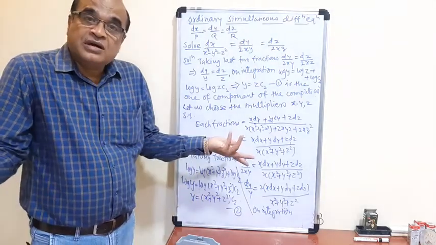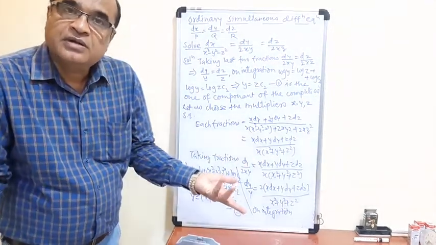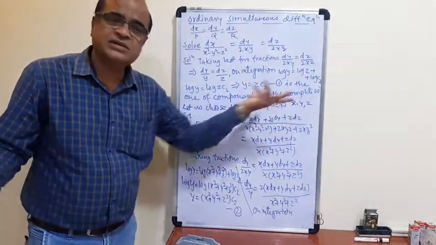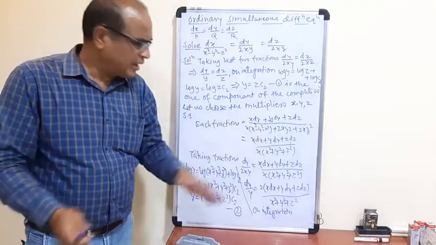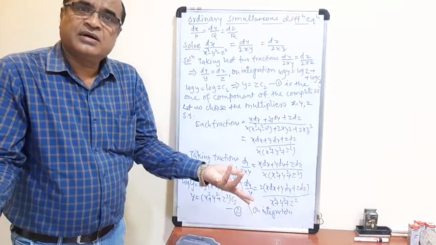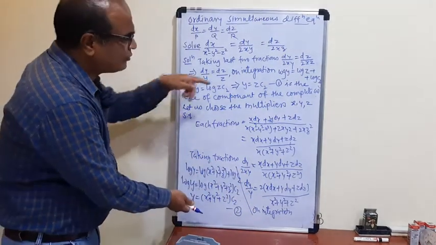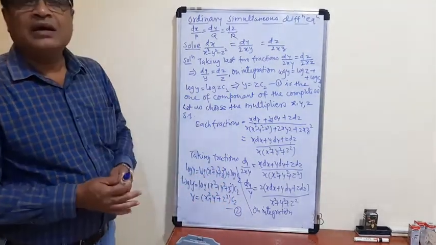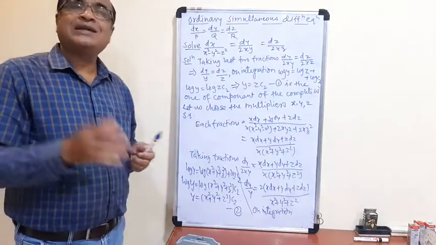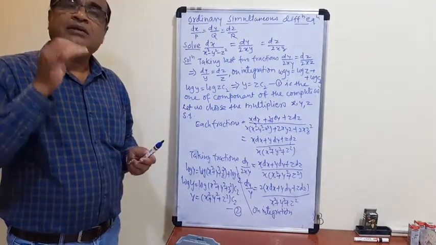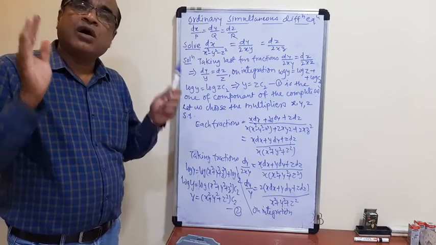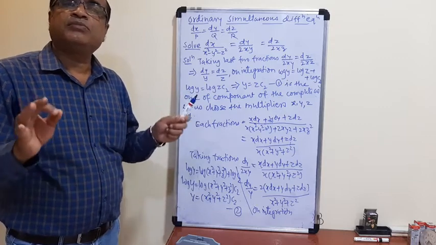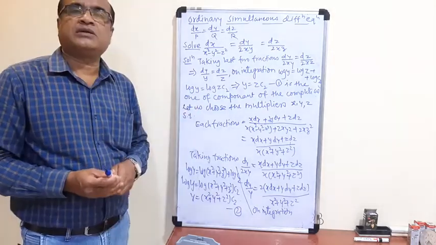Each student has a different solution, because anybody may take other fractions and other multipliers, so you get another solution. But finally, taking these two solutions together is the complete solution. So how to solve? You solve more examples, then you get the idea to solve the ordinary simultaneous differential equation, because there is no fixed method to solve this differential equation. Okay, thank you.